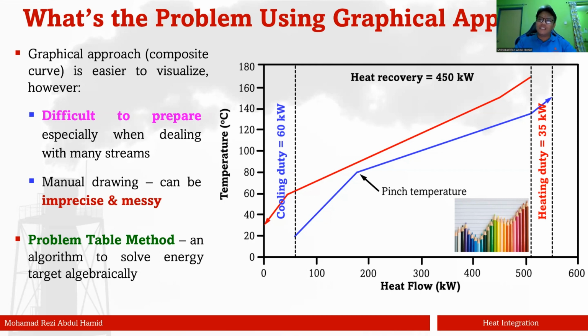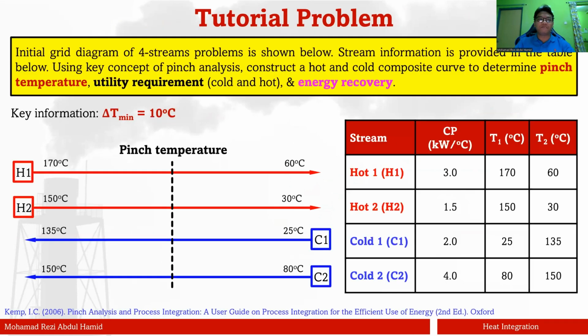Because of all of these issues, people have developed the problem table method. Basically, it allows us to solve the energy targets algebraically, mathematically. Okay, I got tongue twisted, but whatever.